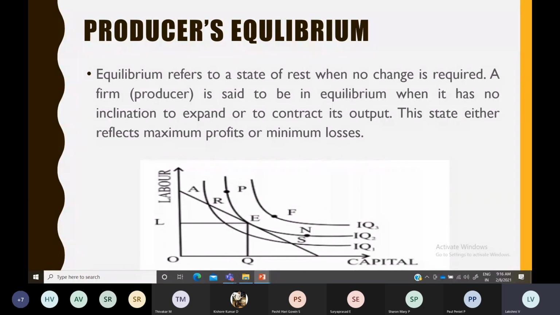He is going to use two kinds of factors, capital, labor, like that. He is going to use factors of production in his manufacturing activity, and he feels that it is the time when you don't want to produce anymore, because it might increase the cost of production.